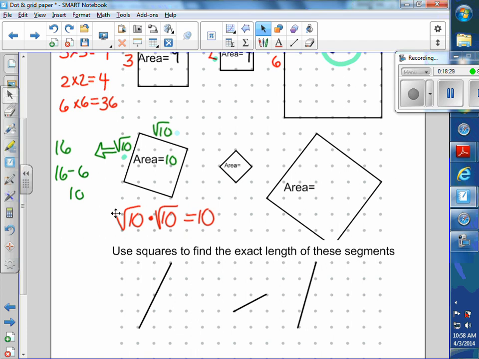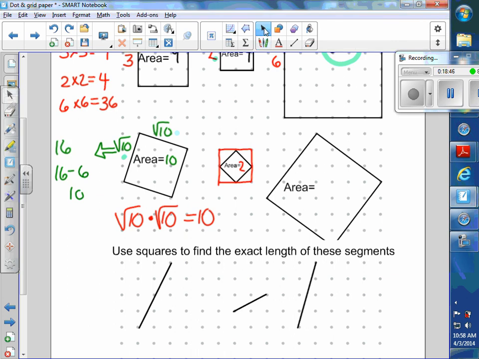So if I wanted to surround this rectangle just to figure out the area, it would help me figure out the side length. So what's the area of the red square? 4. The black square is 2, right?